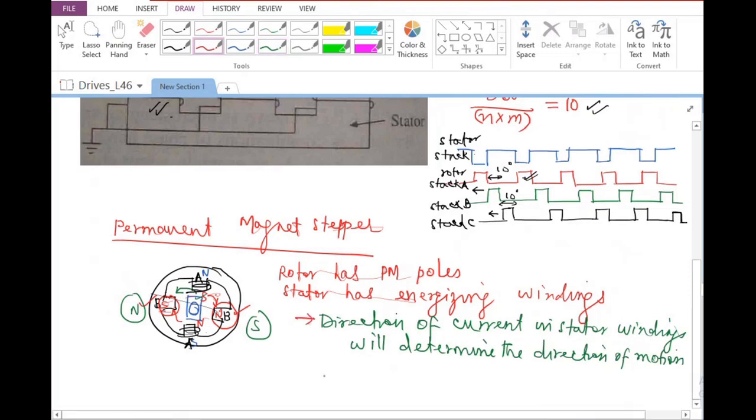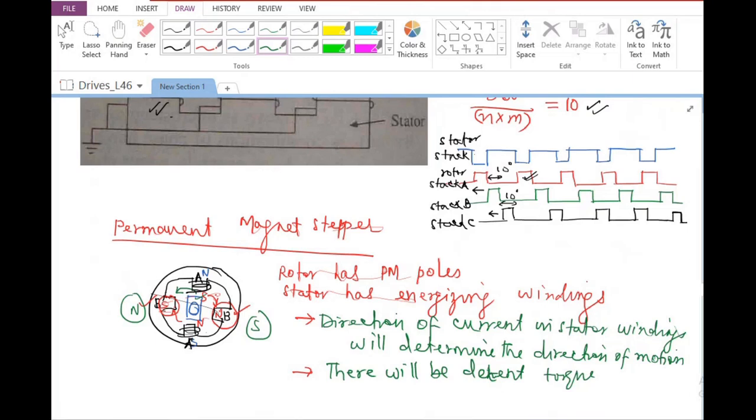That is one thing. The second thing is, because of the presence of the permanent magnet, there will be detent torque. So when you switch off the excitation to all the phases, whichever pole of the stator is closest, the rotor will come and rest there so that it gets aligned completely.